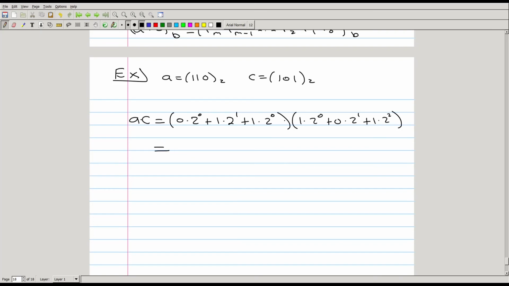And when we cross multiply all these terms, we get 0 times 1 times 2 to the 0, plus 0 times 0 plus 1 times 1 times 2 to the 1, plus 1 times 0 plus 0 times 1 plus 1 times 1 times 2 to the 2, plus 1 times 1 plus 1 times 0 times 2 to the 3, plus 1 times 1 times 2 to the 4.